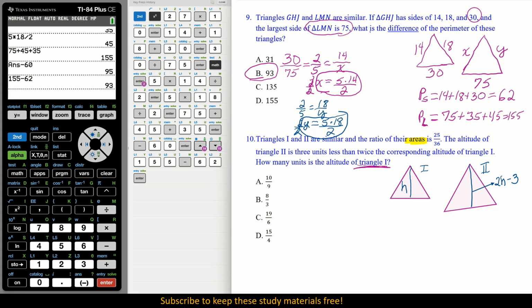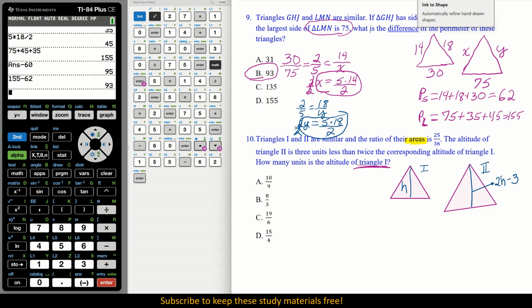So first off, we are searching for height or altitude. I put H for height. That is one-dimensional. However, our ratio of areas is two-dimensional.